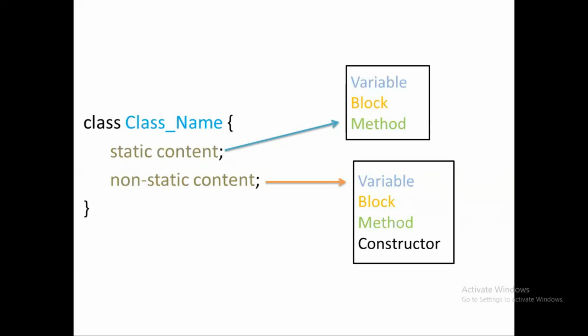So inside the class, it is possible to define only these 7 possibilities. If you write anything other than these 7 possibilities, Java cannot understand it.